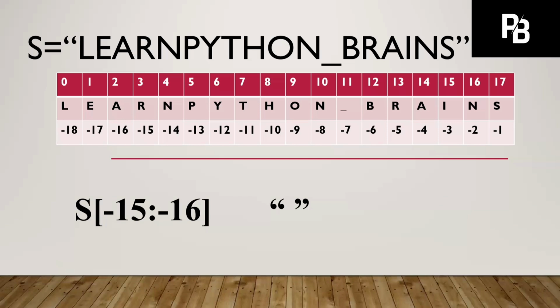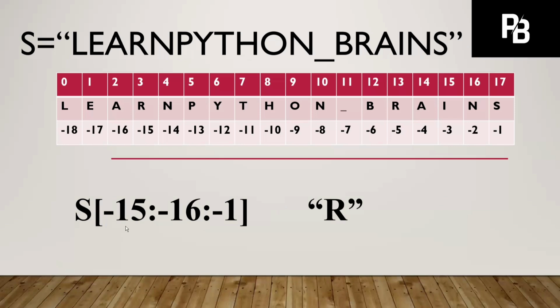According to the rule, if my step value is positive, I move in the forward direction. So again the start and ending values point backward, but my step value of 1 moves forward. Again a mismatch is there, so it prints an empty string and does not show any error in the program.